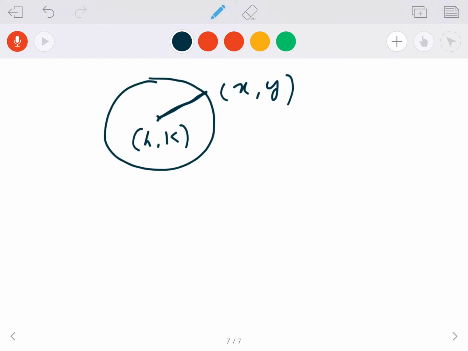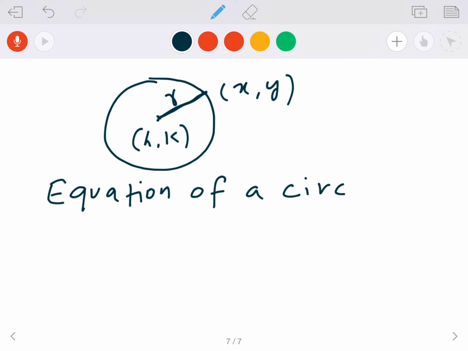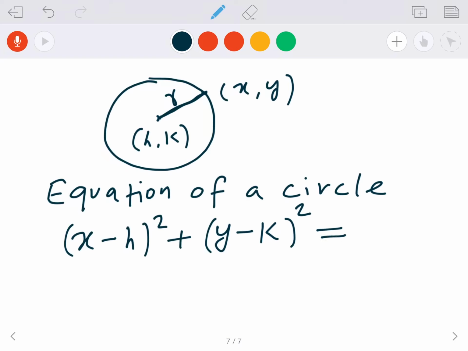The distance from the center to any point on the circle is called r, or the radius. So the standard equation of the circle is x minus h squared plus y minus k squared equals r squared. This is the standard form of the equation of a circle.